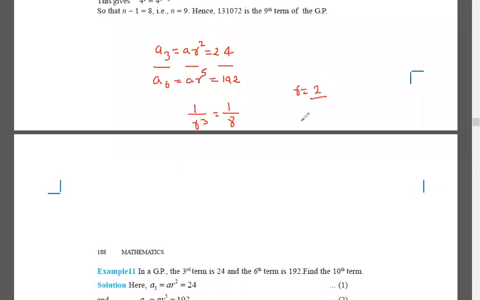Agree? r is equal to 2. Now if r is equal to 2, so a r squared is 24. So a is equal to what? 24 by r squared, which is 24 by 4, which is 6. So a is 6, right? Got it? Now what is T10? T10 is a r to power 9, which is 6 into, tell me, 512.